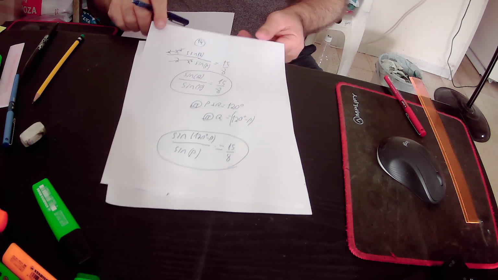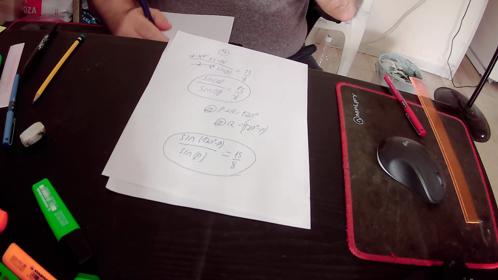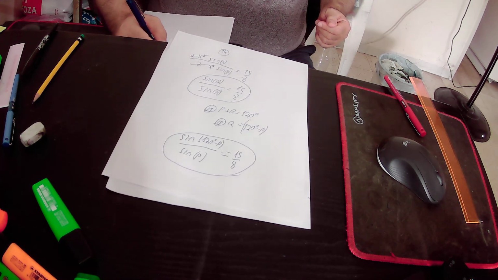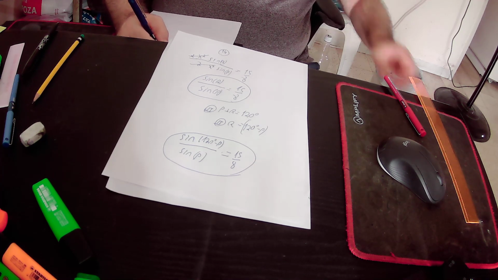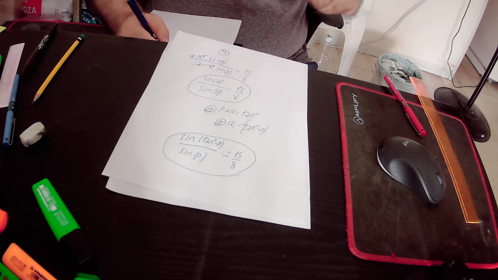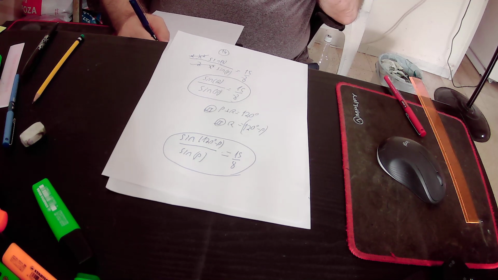Now we will use a trigonometric identity to calculate the value of sine of 120 degrees minus p.